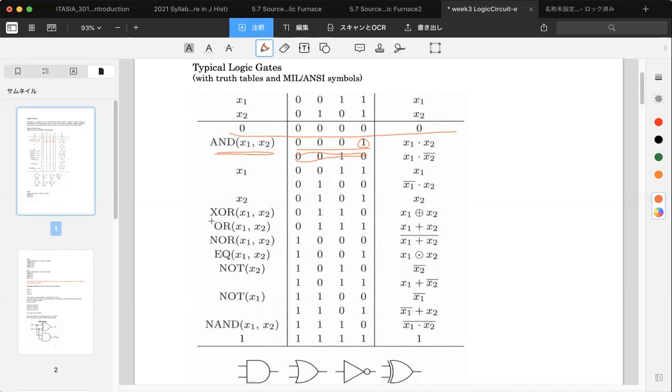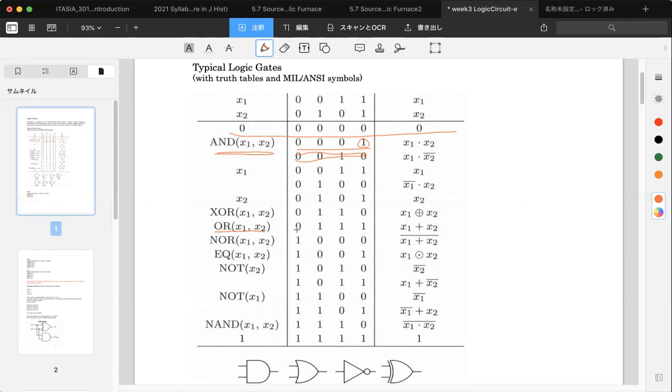And for XOR, I think I should first explain what OR is. OR means x1 or x2. If we want this to be true, then it should be true when one of them is true.